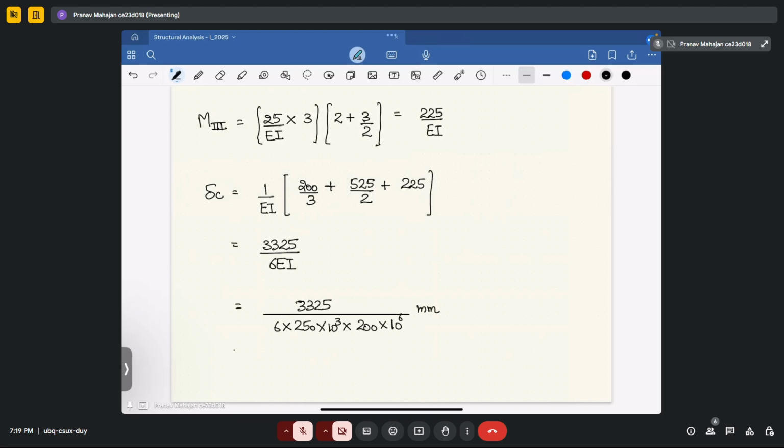Okay, so this will give you the value of delta C to be equal to 11.08 mm.